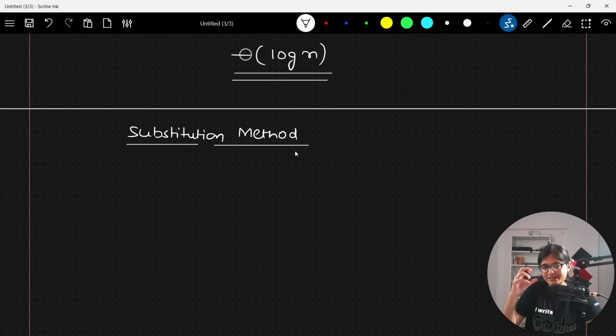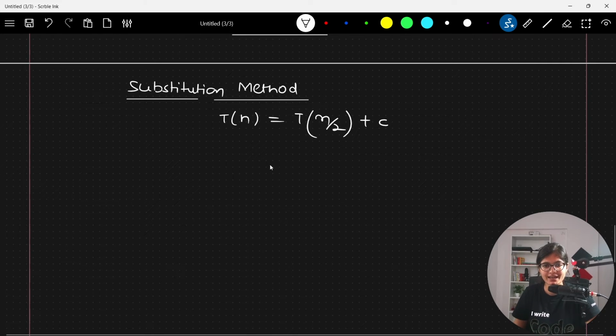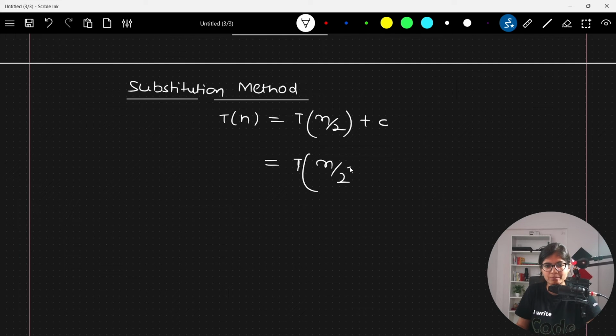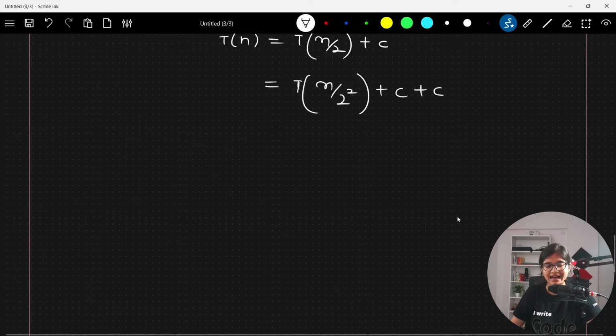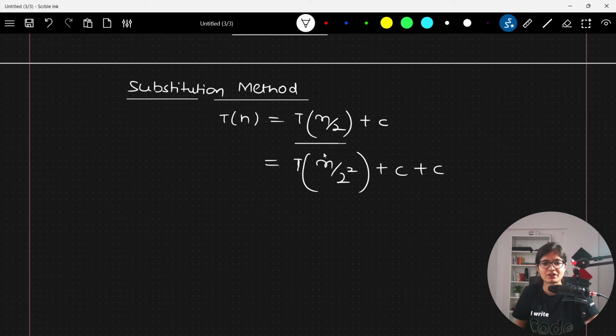It says that I will try to substitute the value of a recursive term. So here we will be having a recursive term which is equal to T of n by 2 plus C, right? Now here what we can do is that again we will be able to get T of n by 2 to the power 2 plus C plus C. So majorly what we are trying to do is replace or substitute the values of the recursive term.